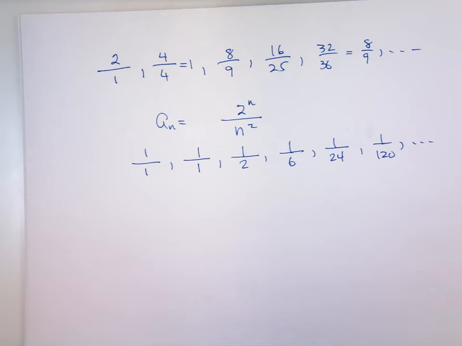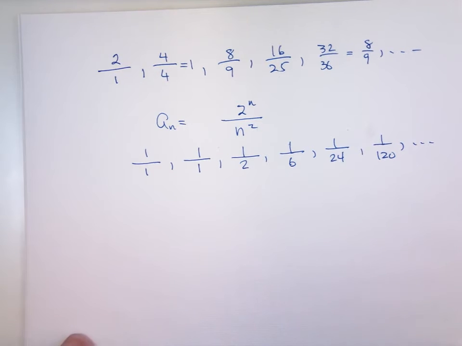Can anybody come up with the nth term for this one? These numbers are 1, 2, 6, 24, 120. No. These numbers are factorials, okay?